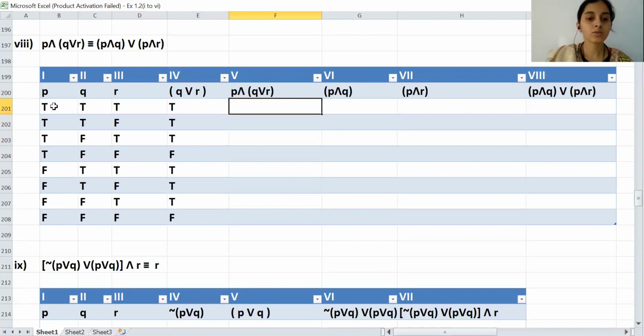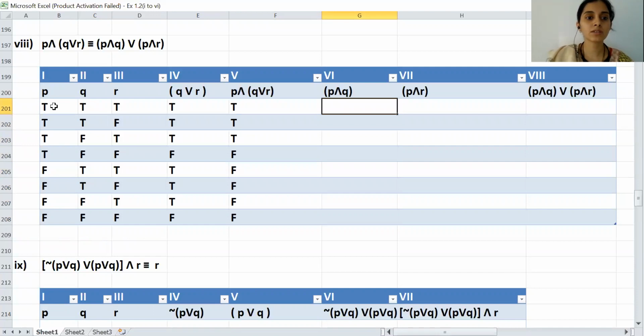So I'll read through 1 and 4. True and true, true, true and true, true, true and true, true, true and false is false, false and true is false, false and true is false, false and true is false, false and false is also false.